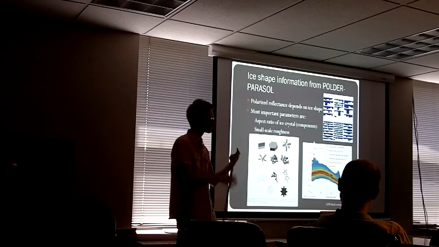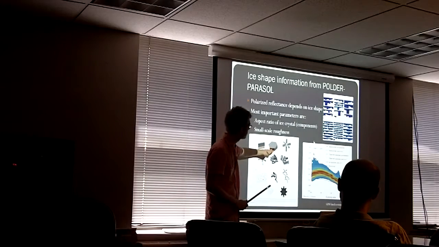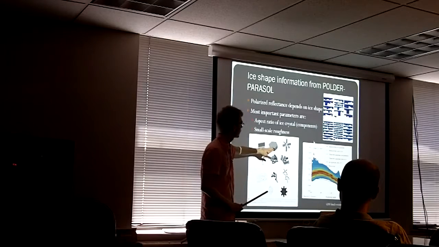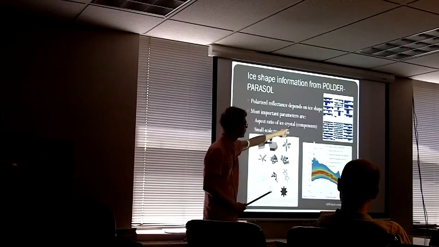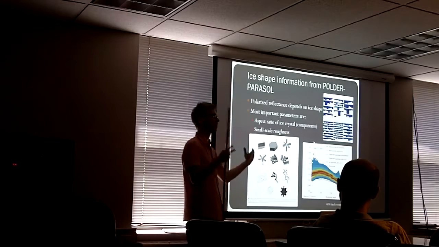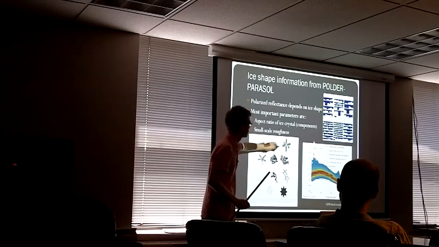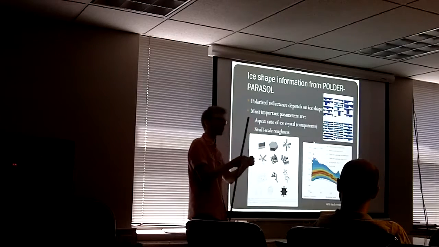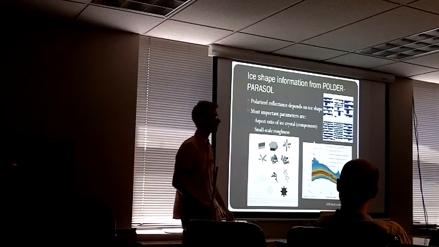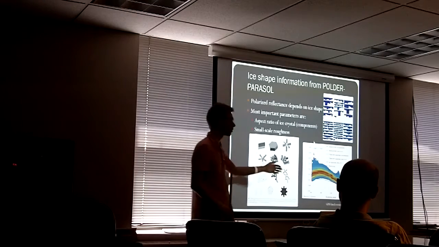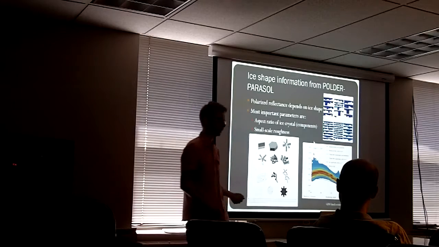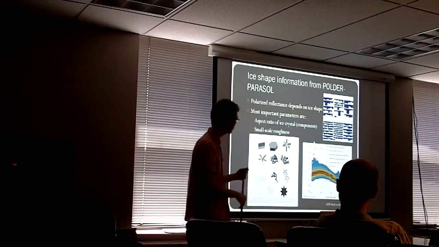You can have very pristine particles like this, a plate, very pristine, but if you look closely at the images, and think of how ice forms, you can have all kinds of small-scale roughness on these particles. And if you model that, that's very important.